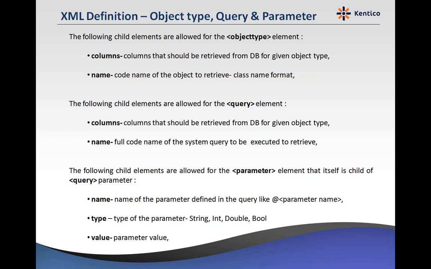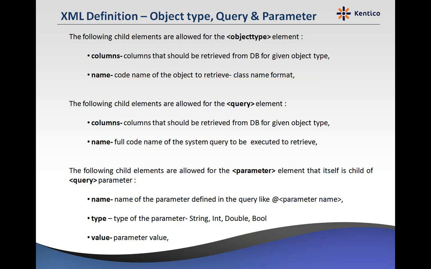Right, so let's take a look on the next sections. As I mentioned, there is an object type section. You specify only columns, so the columns that should be retrieved separated by commas. If empty, all columns will be retrieved by default.